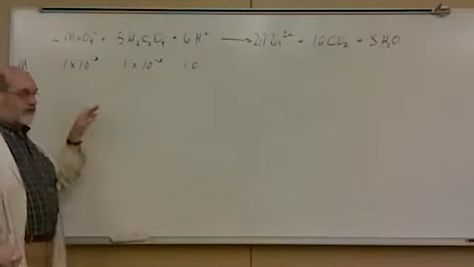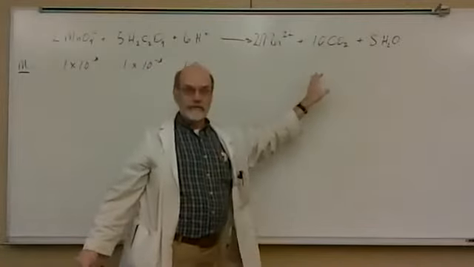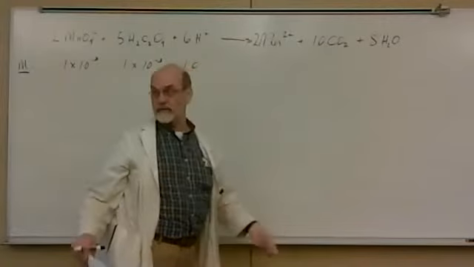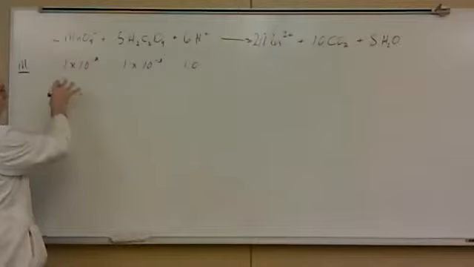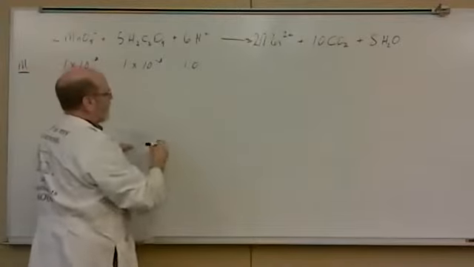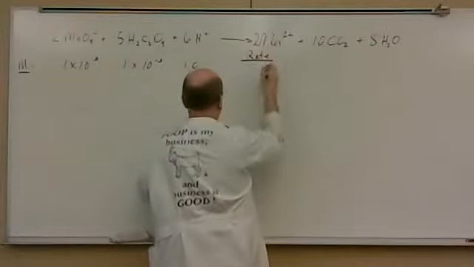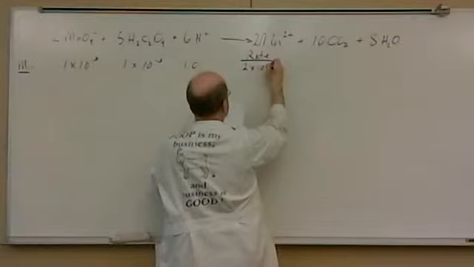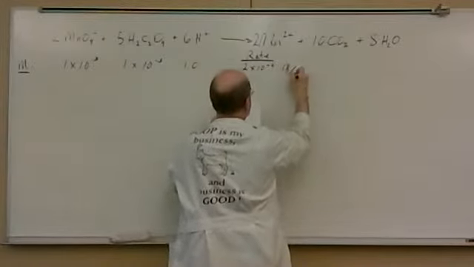We want to know what happens at the very beginning when there's practically none of that being produced, for the same reason as before. We don't want a competing reverse reaction. So this is one experiment. And for that experiment, we determined that the rate is 2 times 10 to the minus 4 molarity per second.